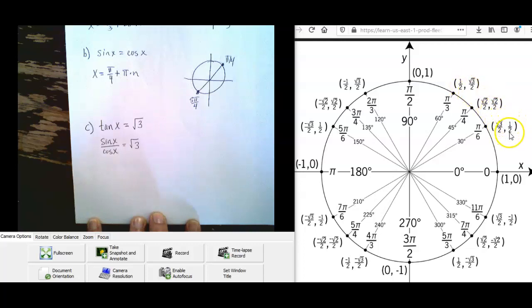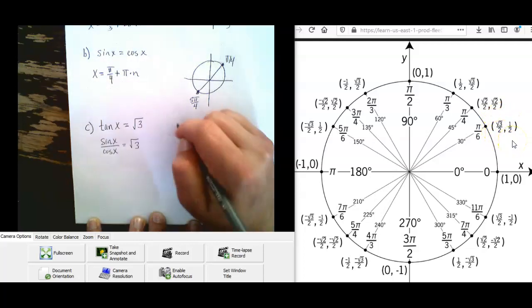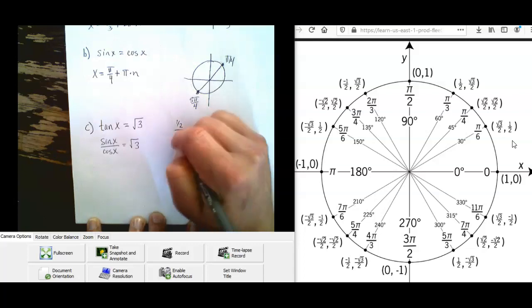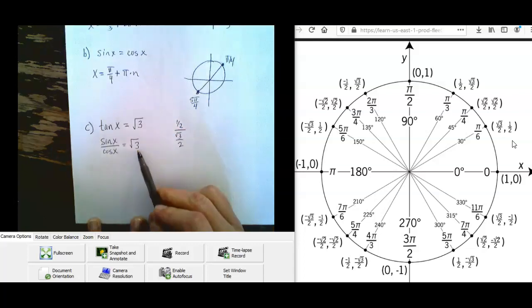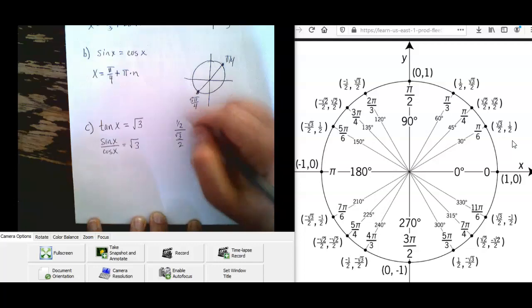So let's try dividing 1/2 by the square root of 3 over 2. So we're just going to test that here. Is 1/2 divided by the square root of 3 over 2 equivalent to the square root of 3? Well, let's look.